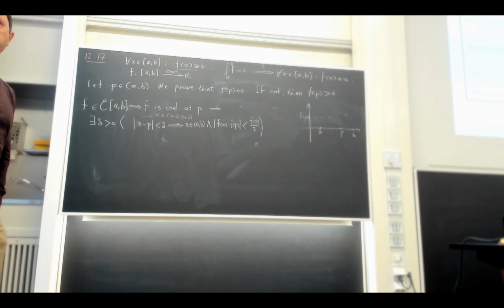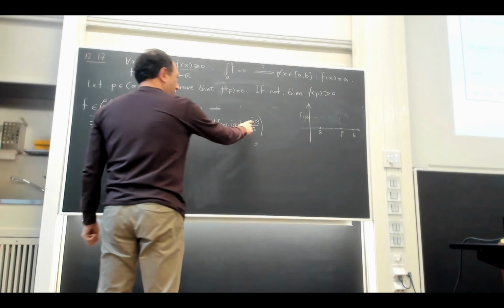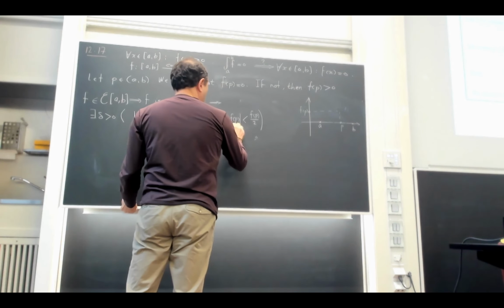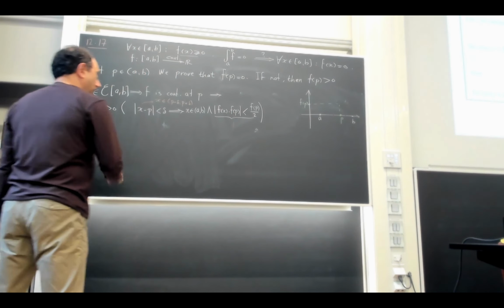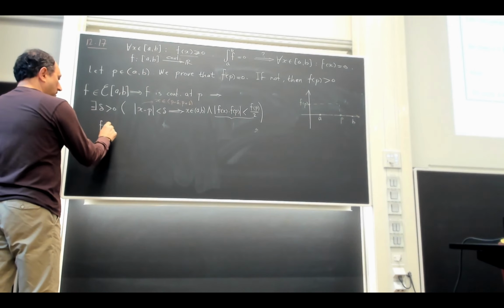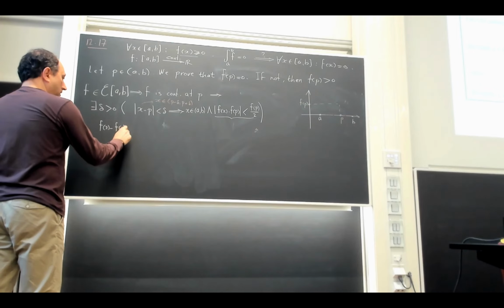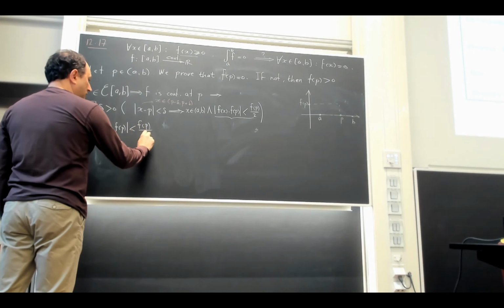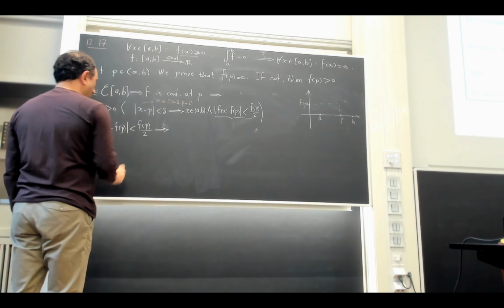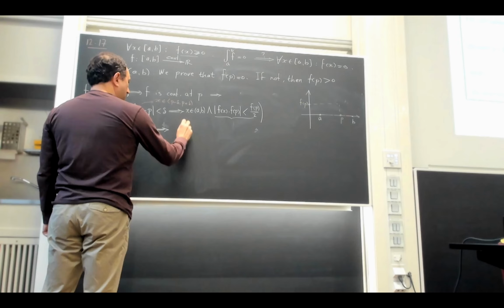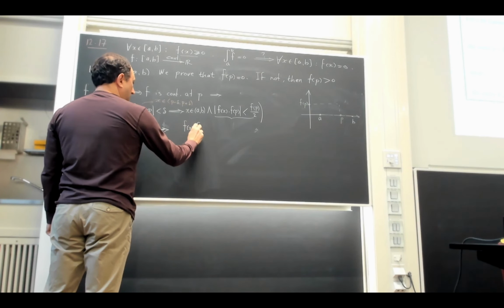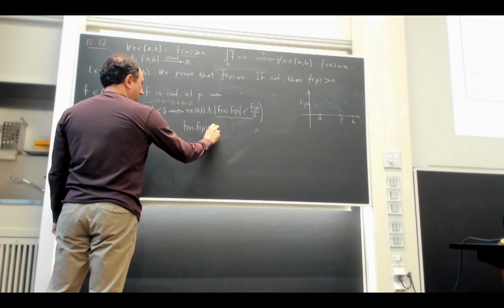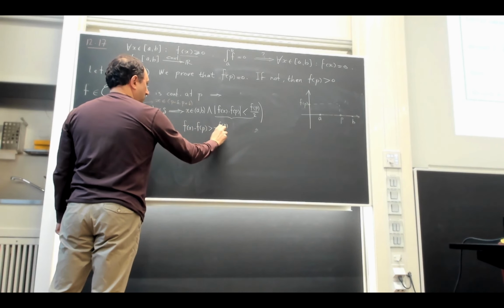Understandable? Okay, now let us see why this epsilon works. I want to start from here: absolute value of f of x minus f of p is less than f of p over 2. Do you agree that I can conclude that f of x minus f of p is greater than minus f of p over 2?